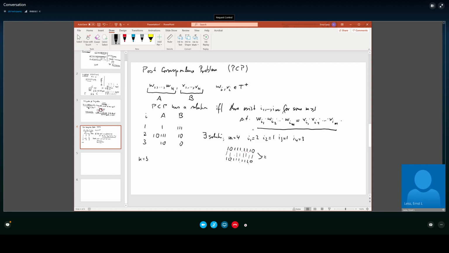So the Post Correspondence Problem then is: the input are 2 lists, and the output is supposed to be yes, there is a solution, or no, there isn't.